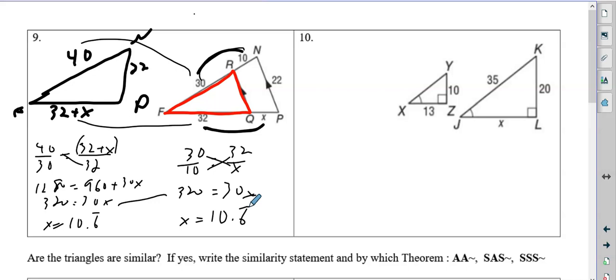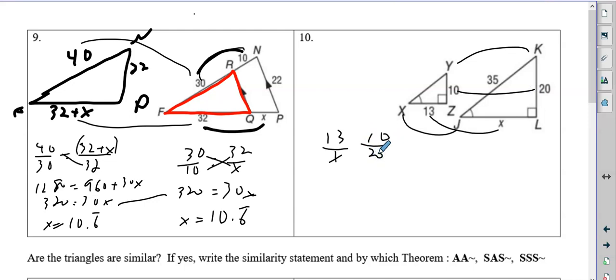Okay? Notice on number 10, it's already lined up. X and J, Y and K, and so forth. So we know this corresponds to that, the bottom, 13x. Okay, 13 is a small one. 10 corresponds to that. Now you might already see the shortcut.